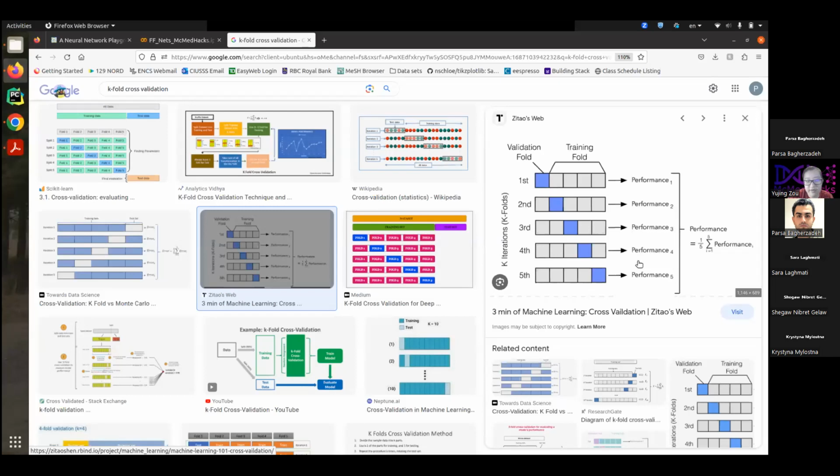Fantastic. And then we have another question from Hanie about how to determine how many epochs is good enough for a model. So yes, I mentioned if you have a validation set, and you are looking at the performance on the validation set, and also the value of the loss, and the performance is not getting better, or the value of the loss is not decreasing after certain epochs, you then stop.